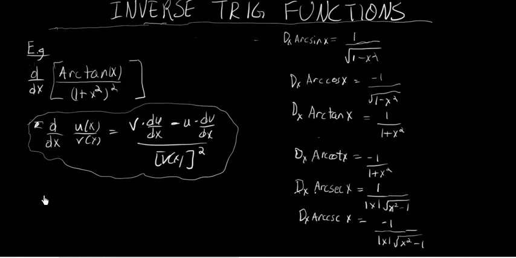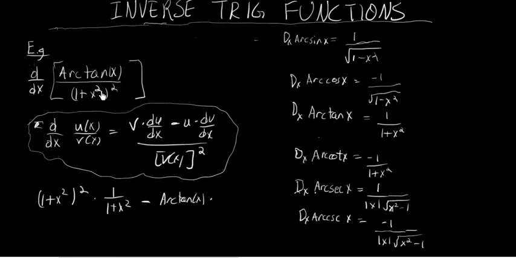So we have the denominator v, 1 plus x squared, the quantity squared, times the derivative of arctan. Well, the derivative of arctan is just 1 over 1 plus x squared. So minus the numerator, which is arctan of x, times the derivative of the denominator with respect to x.